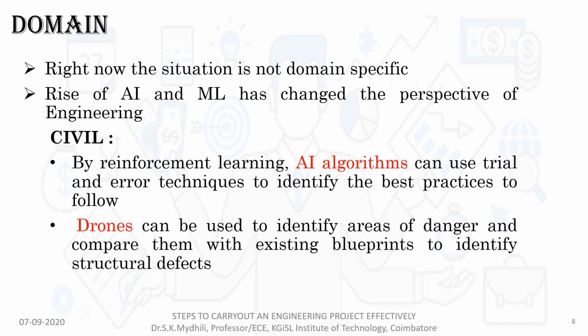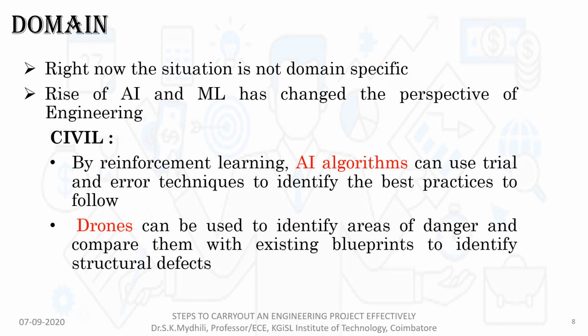An example here is that drones can be used to identify areas of danger and compare them with the existing blueprints to identify structural defects. I imagine this with a tall building or a huge dam, where maintenance by civil engineering is very important.